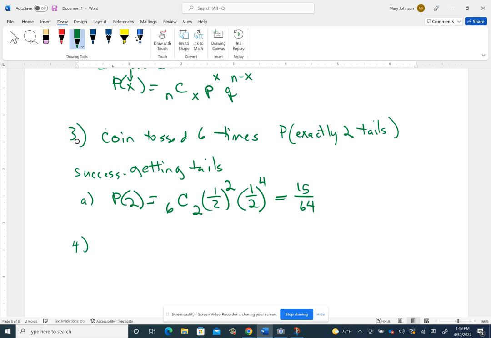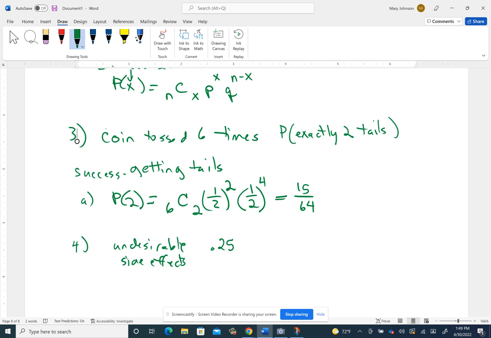So this was 3A. Number 4 said a prescription drug is known to produce undesirable side effects in 25% of all patients. And the probability of that happening was going to be in 25% of the patients who use the drug.